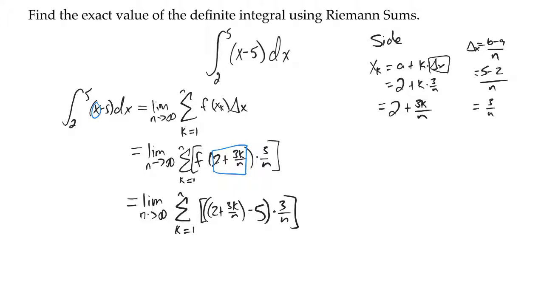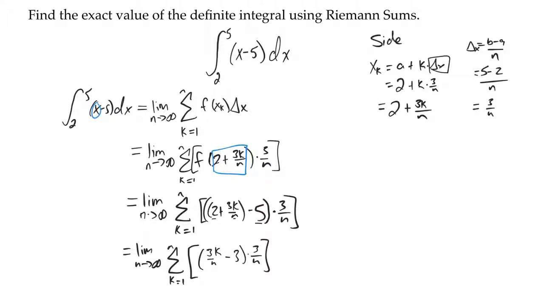So if I simplify that, I get the limit as n goes to infinity of the sum of k equals 1 to n of 2 minus 5, so that's negative 3, and the 3k, so that's 3k over n minus 3, times 3 over n.